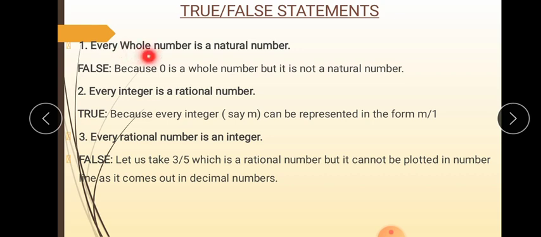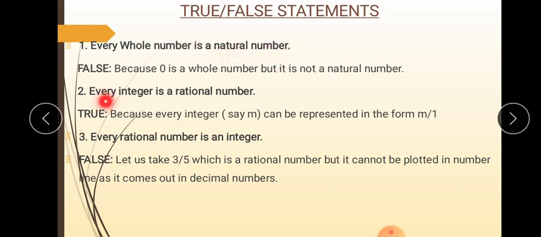Now 0 is a whole number, but it is not included in natural numbers, because natural numbers always start from 1. So every whole number is not a natural number.